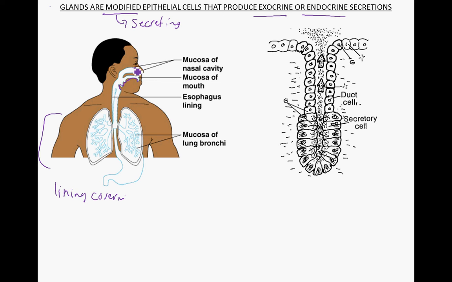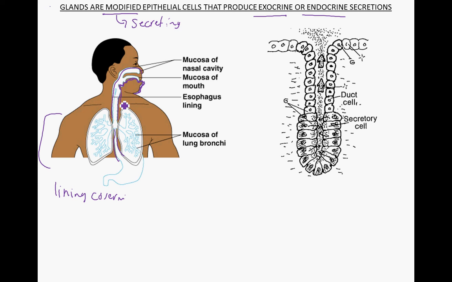So the lining of this airway, the lining of the trachea here, and also of the digestive tract, that lining is an epithelium, and it's continuous with the outside world. The outside covering would be the cutaneous membrane. So there's this interface between the outside covering, the cutaneous membrane, and then that folds in and will become the mucous membrane.